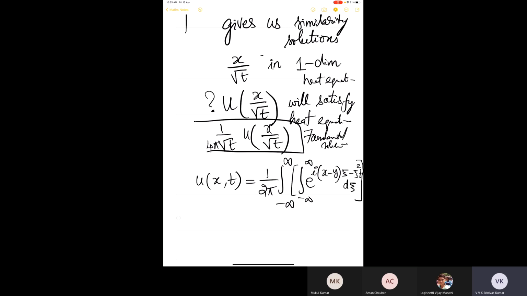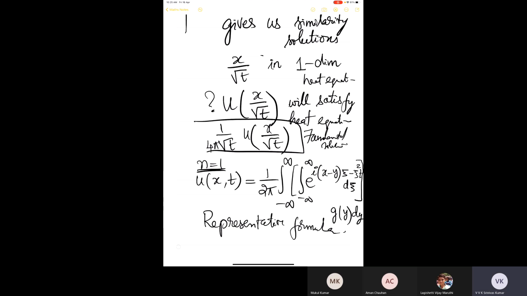This is with respect to xi, and what is remaining is with respect to y, g of y dy. This is in one dimension, n equal to one. This is the representation formula.